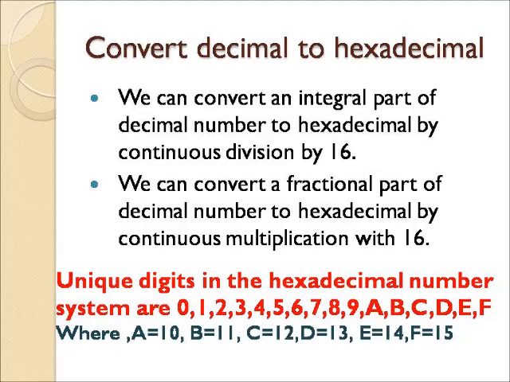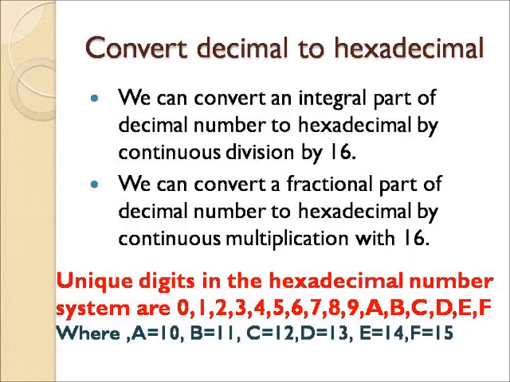On the screen you can see the 16 digits I have written there, ranging from 0 to 9, then A, B, C, D, E and F. You know that A is equal to 10, B is equal to 11, C is equal to 12, D is equal to 13, E is equal to 14 and F is equal to 15. Here also we follow the same procedure.